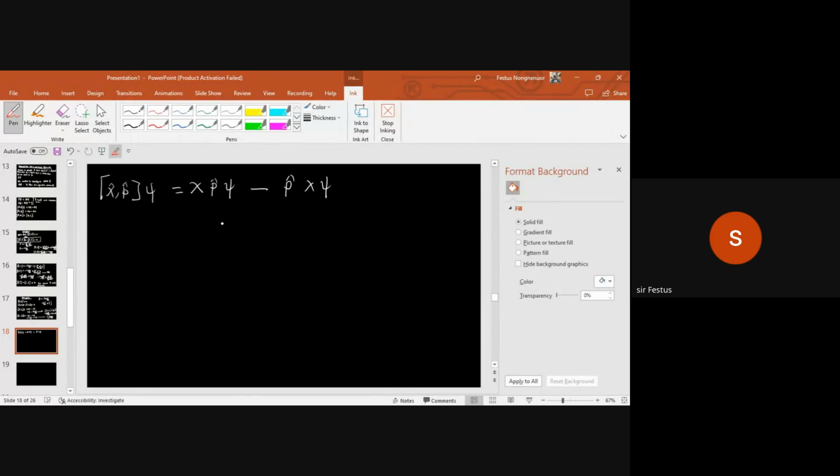So when you do that, you have x, then this will give you minus i h bar, then d of psi on dx, because p is an operator. Then minus, when you come here, this will be an operator, so it's minus minus i h bar, d on dx, now here you have x and then psi.